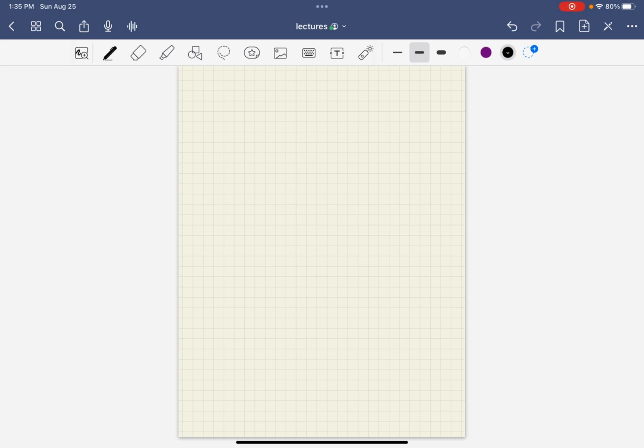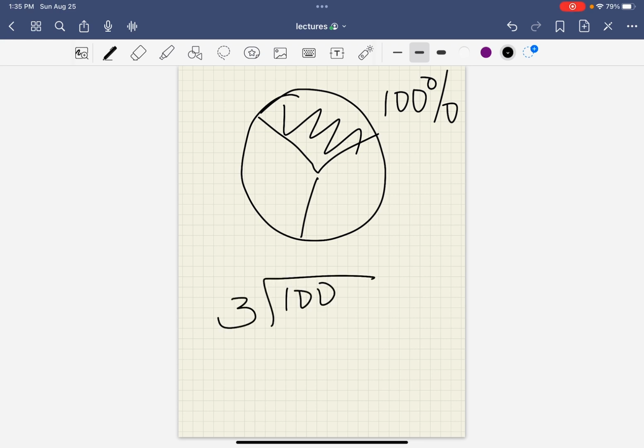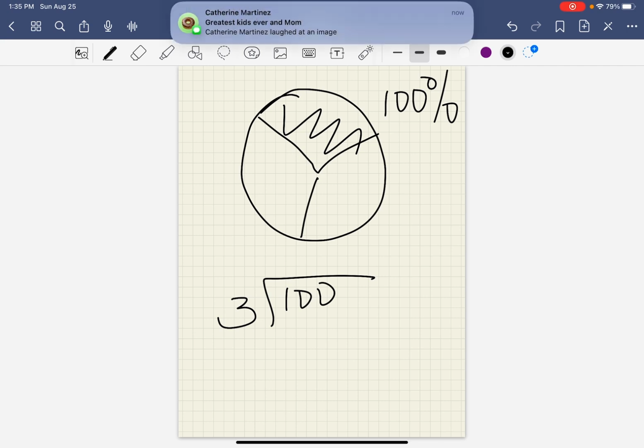So if we're looking at a whole circle, the whole circle represents 100%. And what we have is broken into 3 pieces. One of those pieces is shaded. So if we take 100 and divide it by 3 pieces, what we get will be how much each one of them is worth.